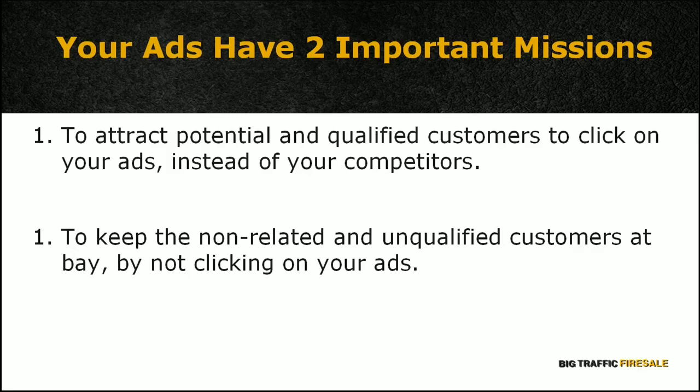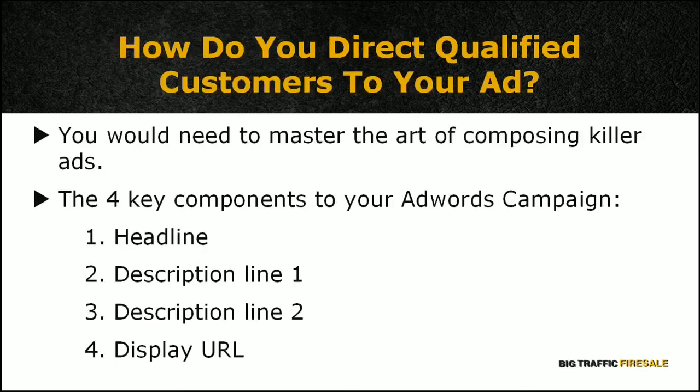This concludes that when you have more relevant clicks, you generate more sales. When you do not have unwanted traffic clicking on your ads, you would eventually save more money, which adds to your profit margin. Now, the question is, how do you direct the qualified customers to your ad?